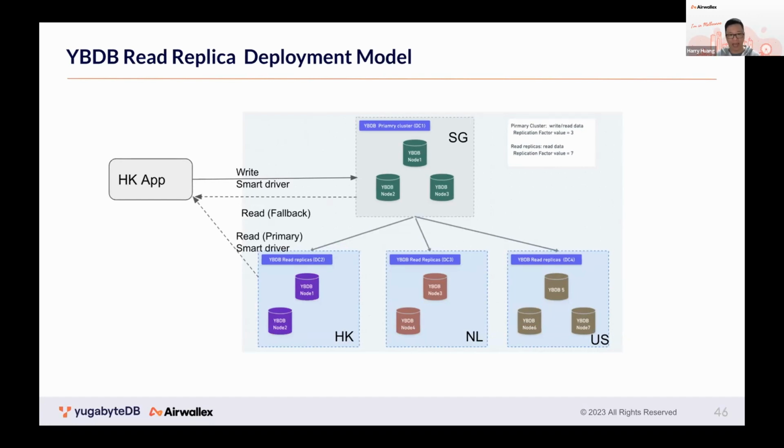And if you have a service app located in Hong Kong, it should mostly read from the Hong Kong data center to get the best latency.